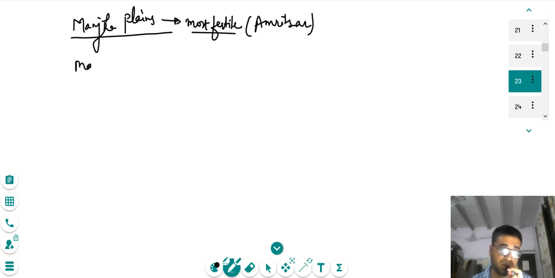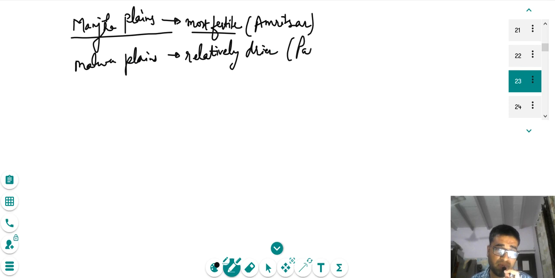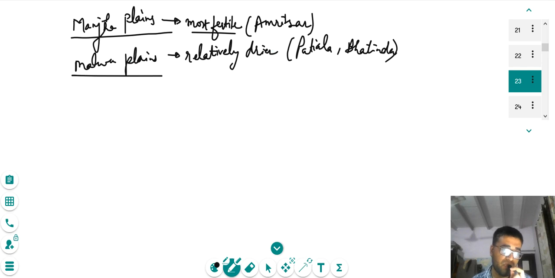Then the Malwa plains. Malwa plains are relatively drier, and they are found in Patiala and Bathinda. So these are the Malwa plains.